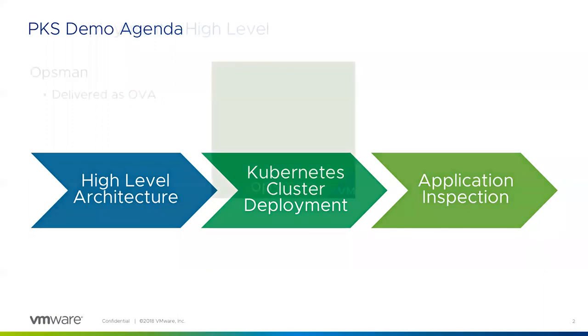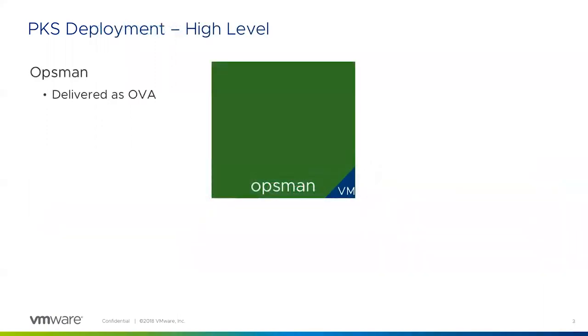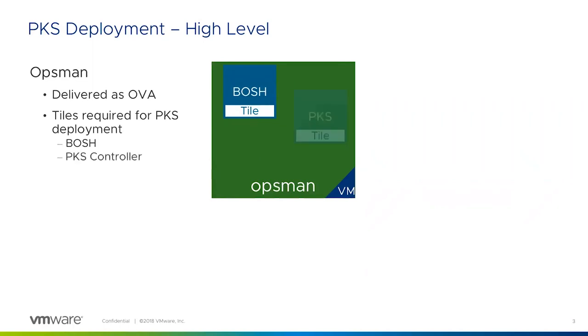So let's begin. Let's take a look at the architecture. It all starts with a virtual machine called Ops Manager. Ops Manager is delivered as OVA, so you can install it just like you would install any other OVA. And then that Ops Manager UI is where you would install things like BOSH and PKS and Harbor.